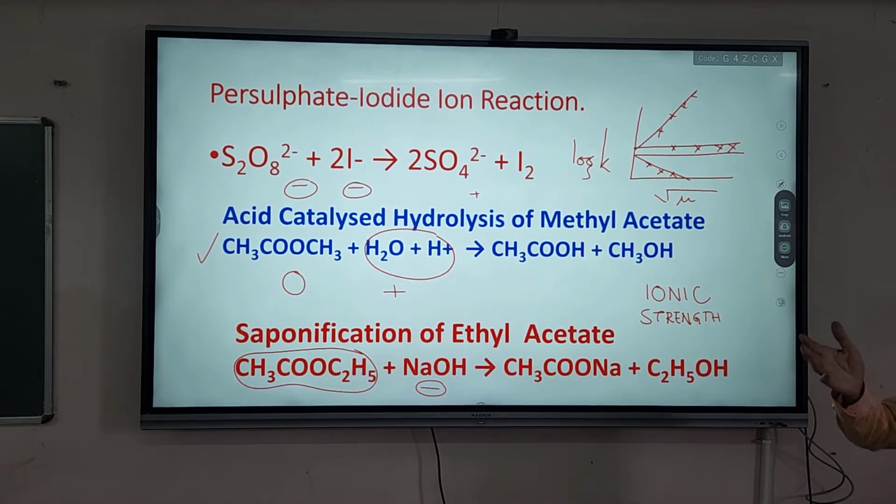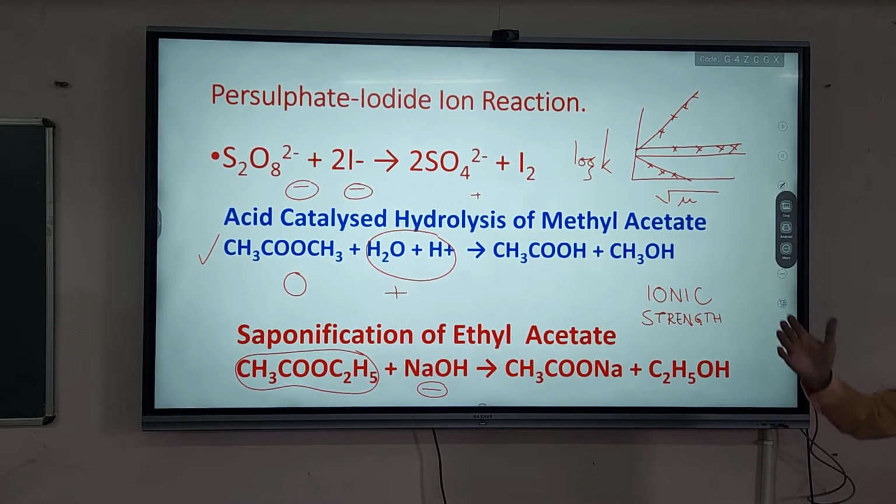In one case, with respect to ionic strength, the rate of reaction increases, and in one case, the rate of reaction decreases. Now, the role of primary salt effect and the Bronsted-Bjerrum equation: if you understand the Bronsted-Bjerrum equation, you can predict the effect of electrolytes on a chemical reaction. That is the objective of the primary salt effect or the secondary salt effect.